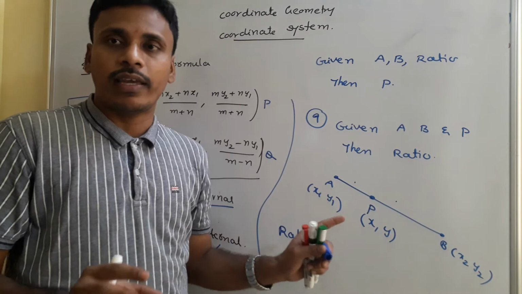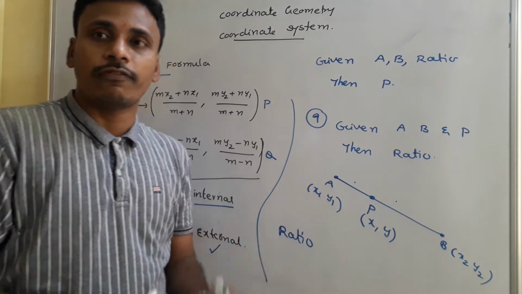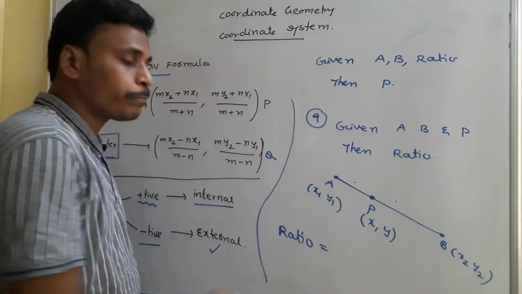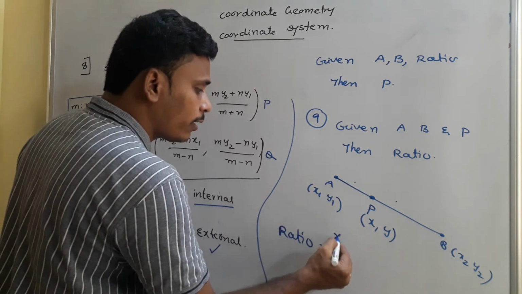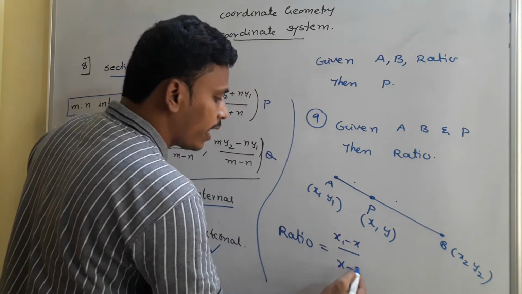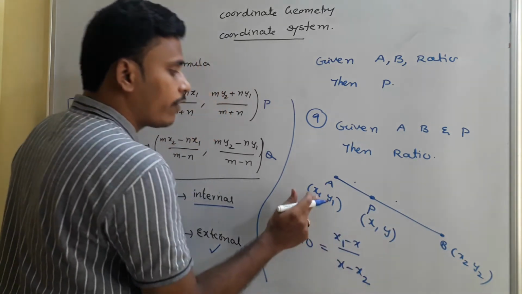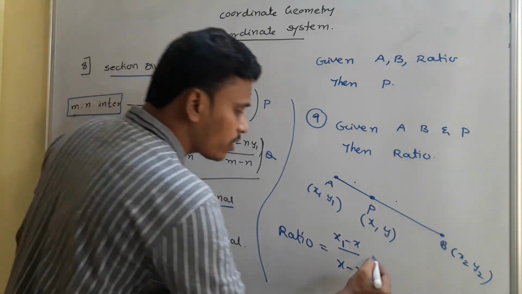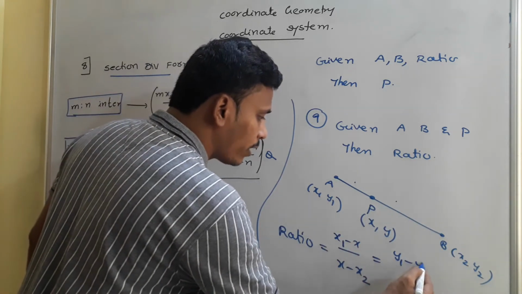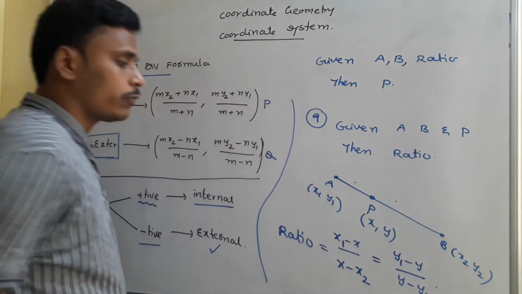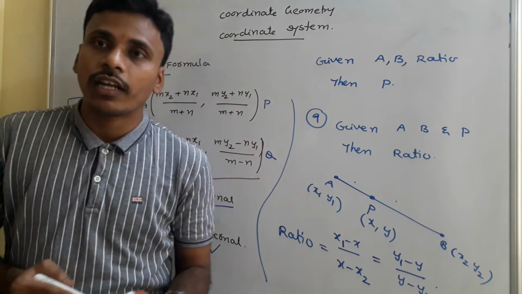You will get m by n, and the formula is: the ratio m by n is simply (x1 - x)/(x - x2). Just look there: the difference between these two x coordinates and then these two x coordinates. Or this is equal to (y1 - y)/(y - y2). This is the formula for the ratio.